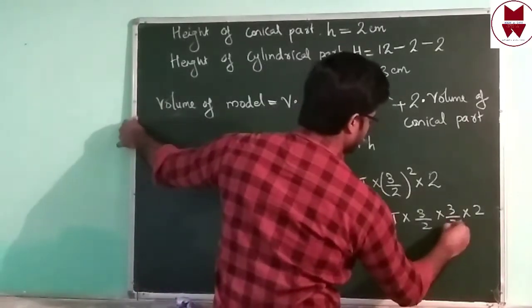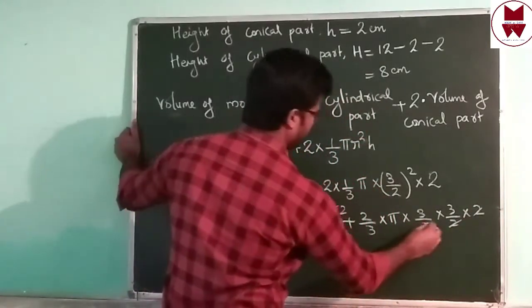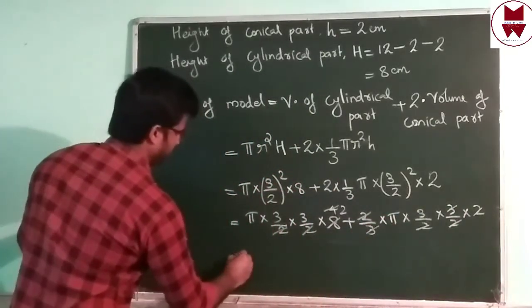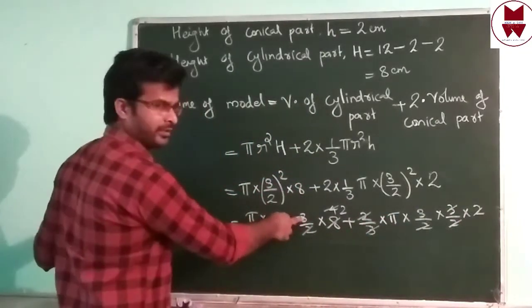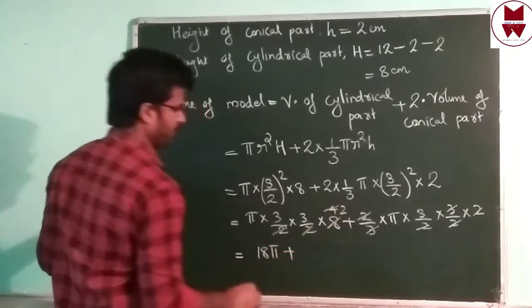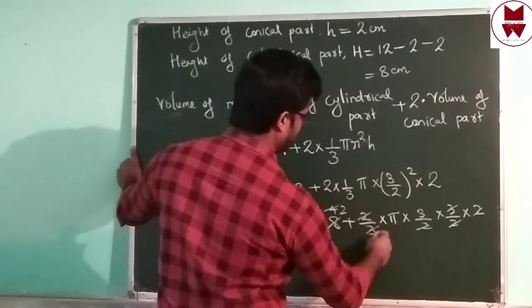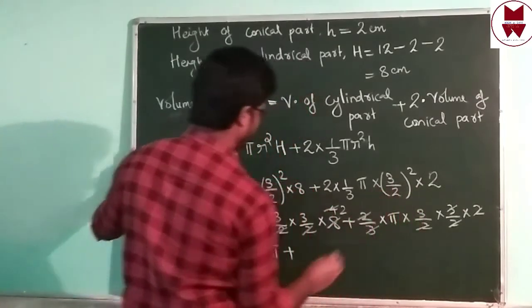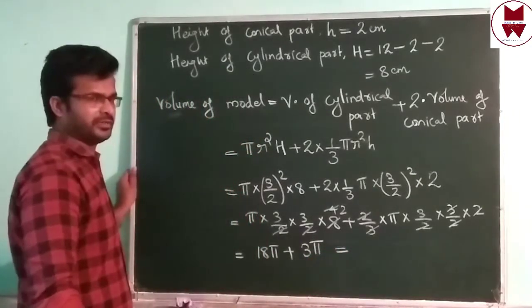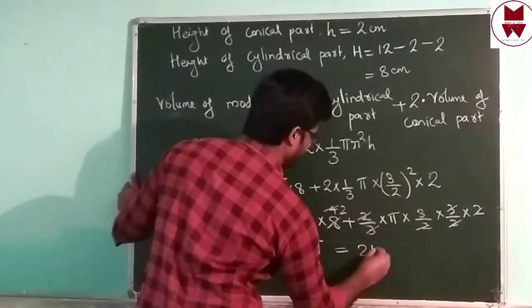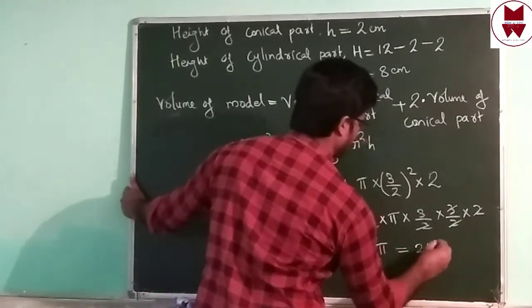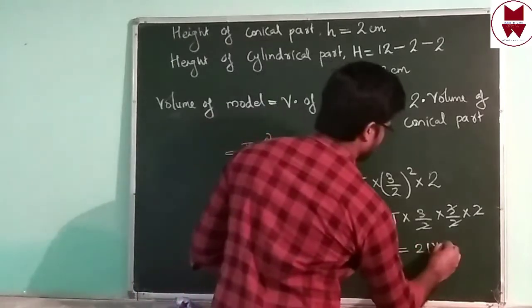From here 2 cancel, then 2 and 2 cancel, then 3 and 3 cancel, then remaining 3 into 3 9 into 2 18 pi, plus last part pi and 3 pi, equal to 18 pi plus 3 pi, that is 21 pi, equal to 21 into pi value we can give there, that is 22 by 7.